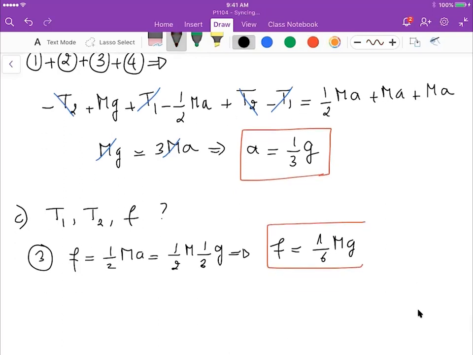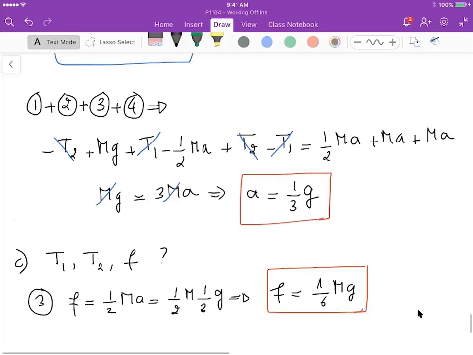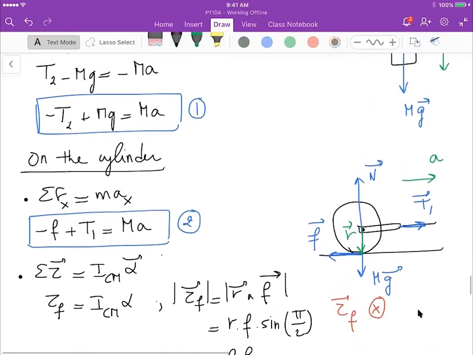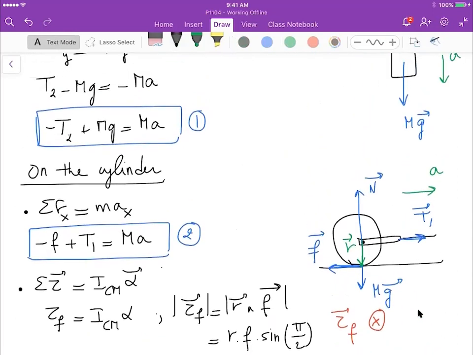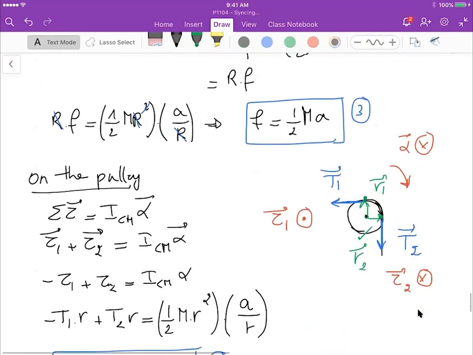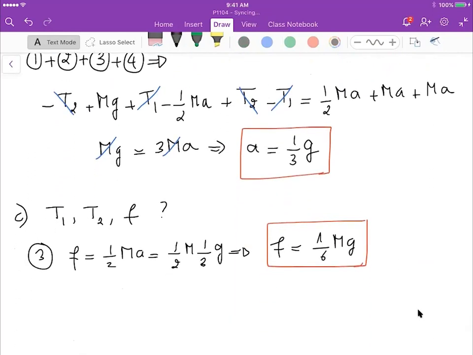Now, what about T1 and T2? Let's have a look. T1 and T2 فينا نجيبهم من equations 1 and 2, possibly, yeah, or من equation 1 and 4, for example. So let's deduce first the value of T2, for example, and then we can deduce then the value of T1. So we have equation 1 بتعطينا, equation 1 we can write down, minus T2.